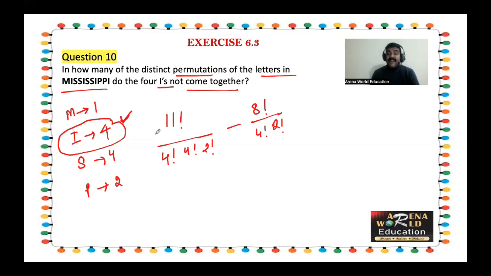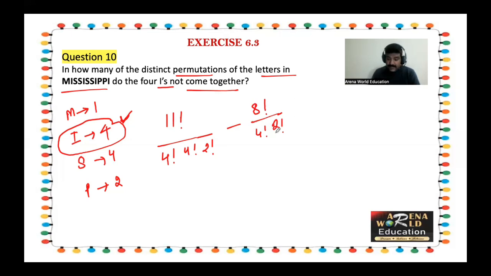Right? And here, like we will solve in the next question, so you will come to know about this I. Here the I's are the same; if they were different, we would further arrange these 4 I's, right? So this will be 11 factorial divided by 4 factorial into 4 factorial into 2 factorial minus 8 factorial divided by 4 factorial into 2 factorial.